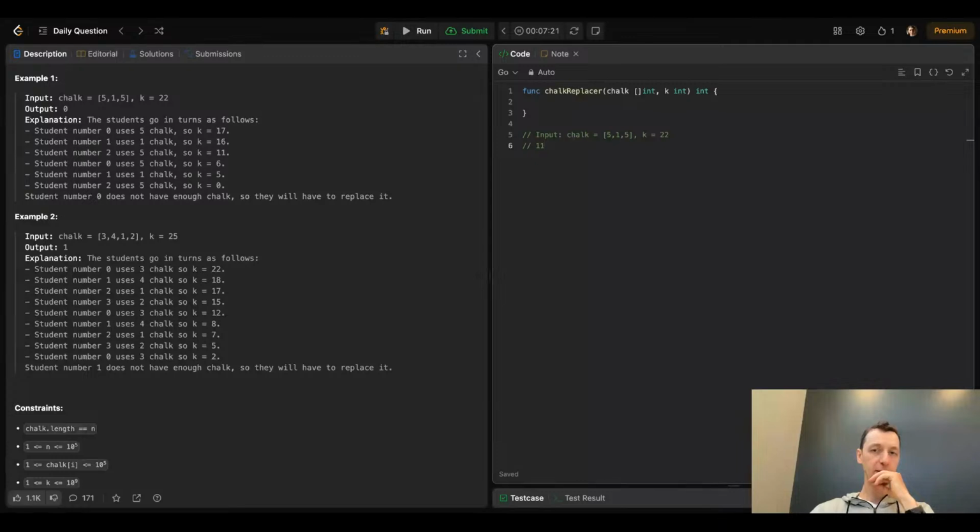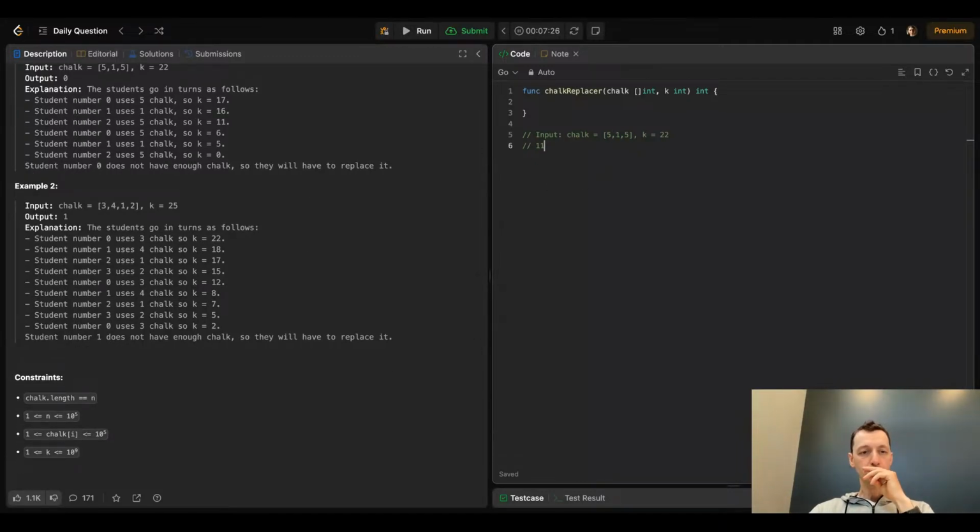You will still have to go over the n students, but you will not hit the worst case, when k is 10 to the power of 9.